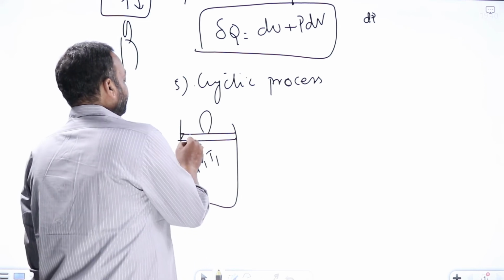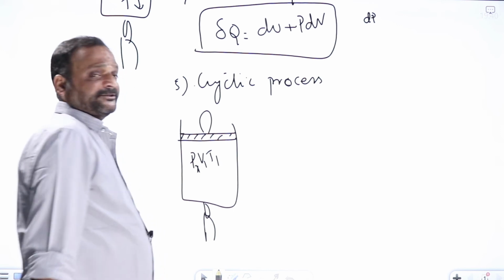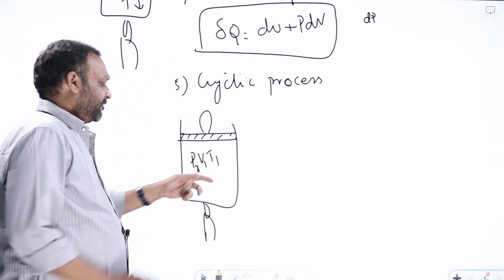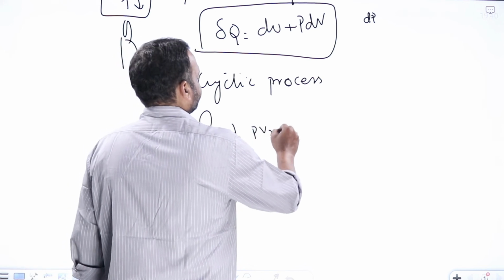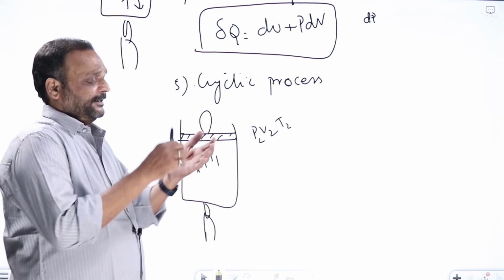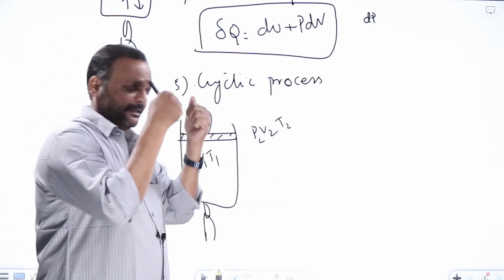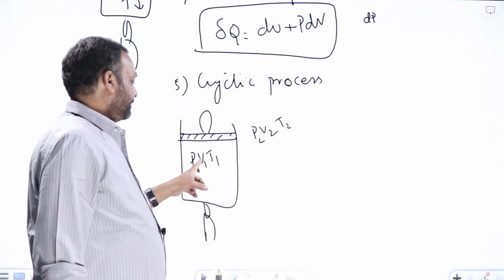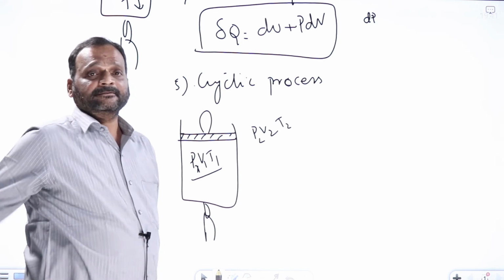You will heat the gas, give some heat energy to the gas, push the piston down, do some changes. You will take it to P2, V2, T2, by an isothermal process or isobaric process or adiabatic process, whatever it is. You will take the gas from the initial state P1, V1, T1 to P2, V2, T2 somehow.